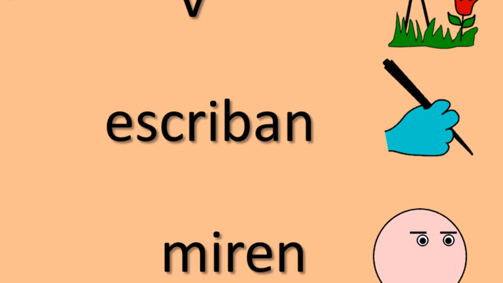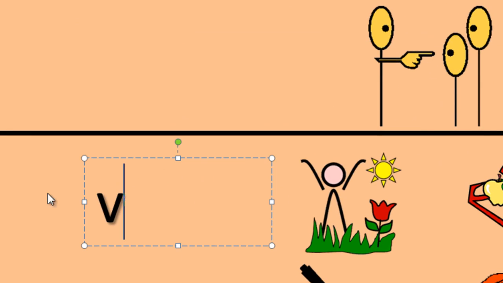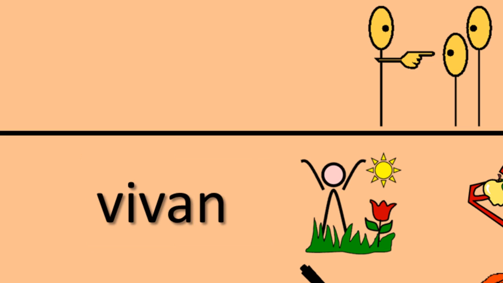Escriban. Write me a letter. Escríbame una carta. Vivir. We'll put our opposite vowel in here. Vivan.